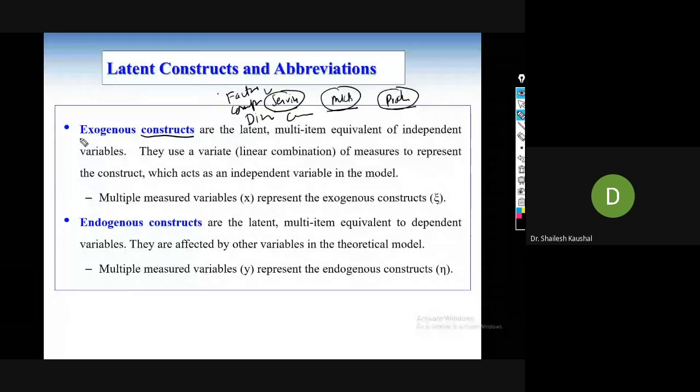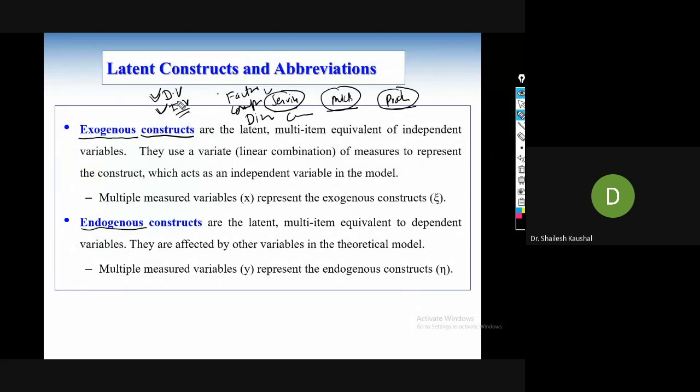There are two things: one is exogenous and another is endogenous. In exploratory factor analysis, we simultaneously take questions related to the dependent variable as well as the independent variables.